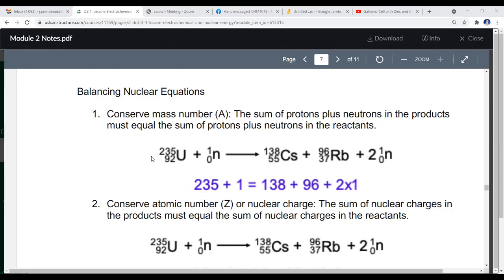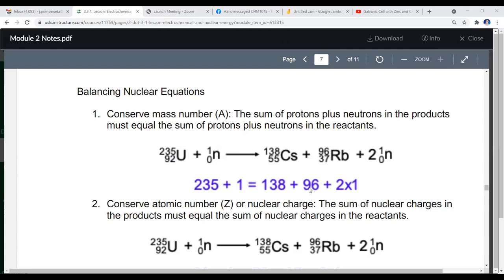On this side, if you look at the mass number, the total is 236: 235 plus 1 is 236. The same thing should be true on the right side. So 138 plus 96; you see the coefficient for the n particle, and since it's 2, you multiply this 1 by 2.